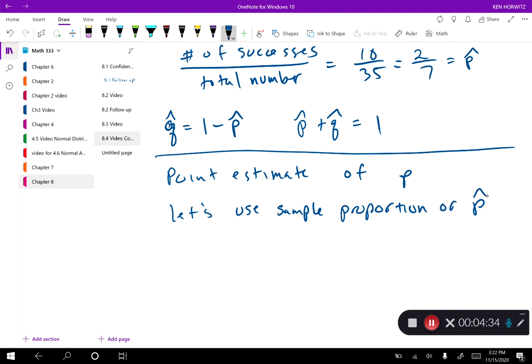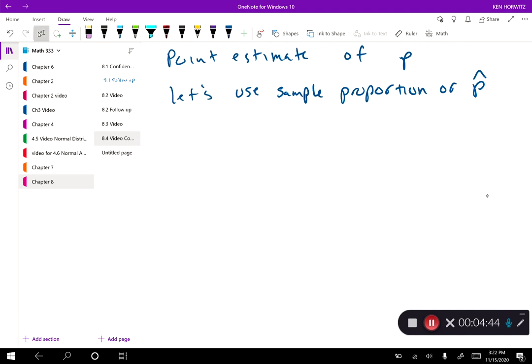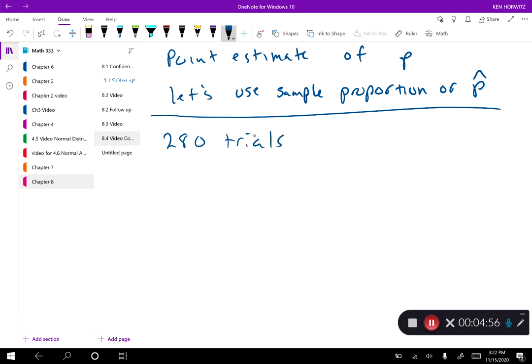Now remember, we don't know what p is. We're going to use p hat as a starting point. So let's say we had some experiment and there were 280 trials, and we had 120 successes.